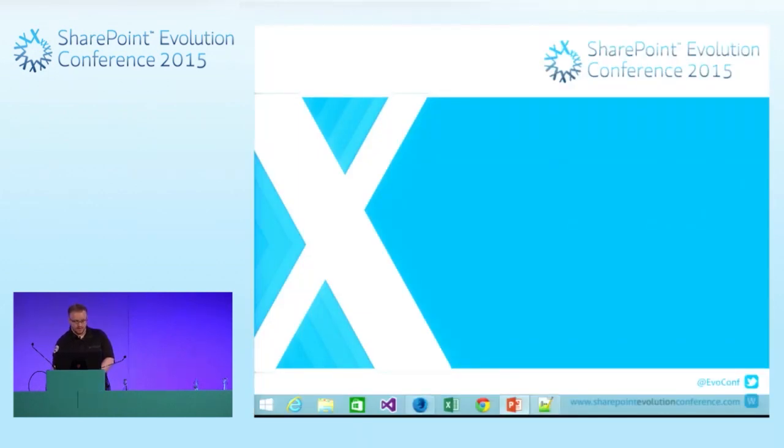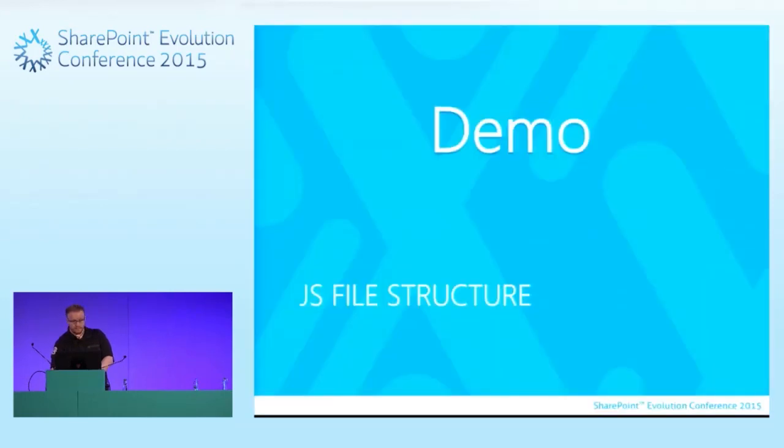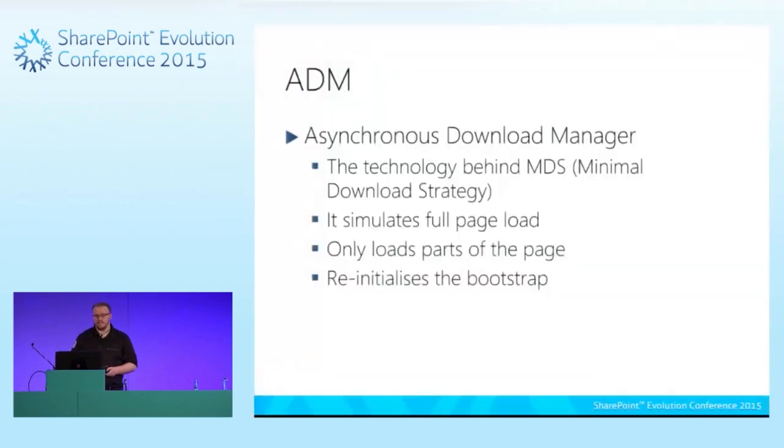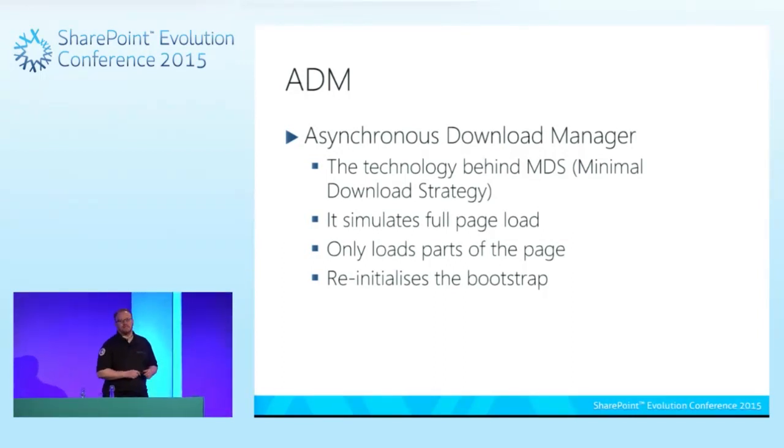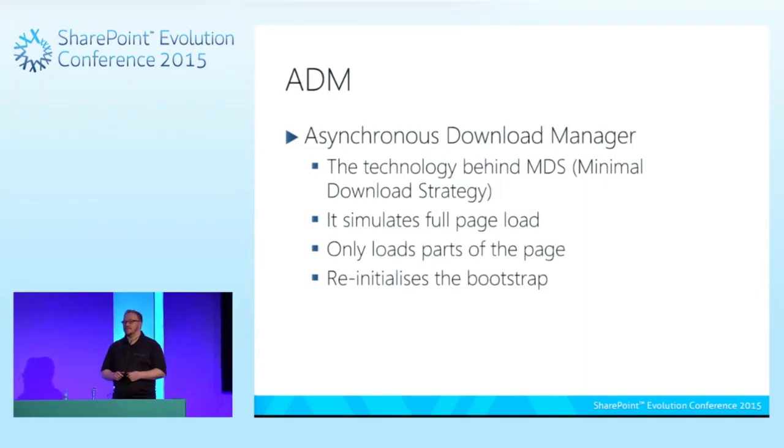Just go back to the slide deck. This is why we need ASP.NET to identify our namespaces, and why we need the module pattern to separate our code into namespaces.